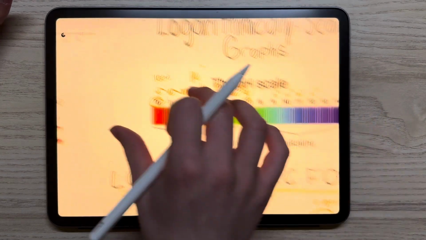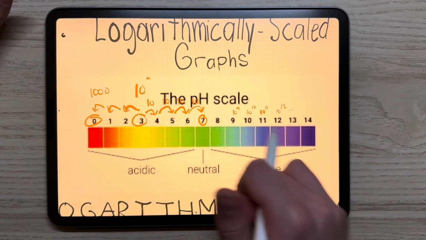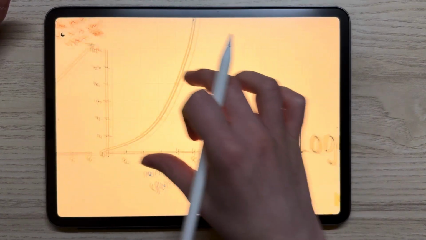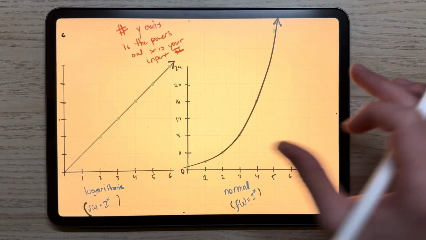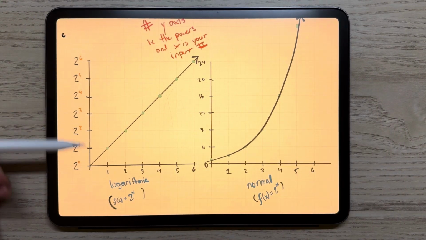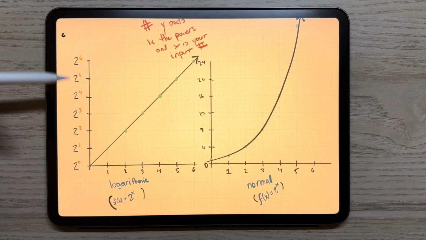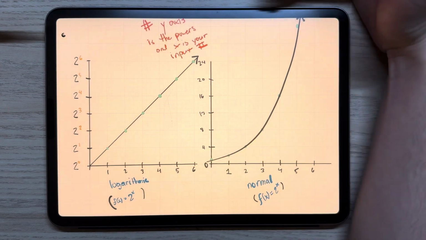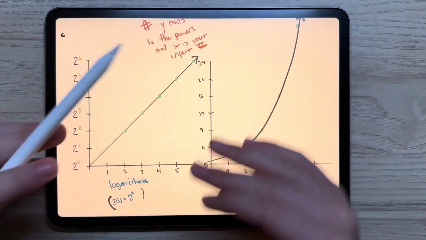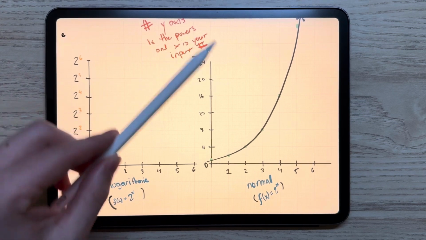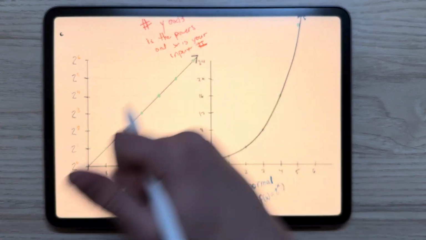We saw earlier that everything increased by powers of 10, so kind of like increasing exponentially. So if the y-axis increases exponentially with our exponential graph, then we should have something that's probably like a straight line. And so we can see that right here.